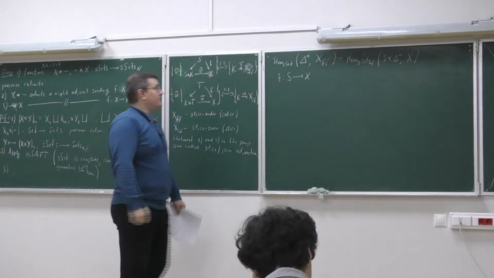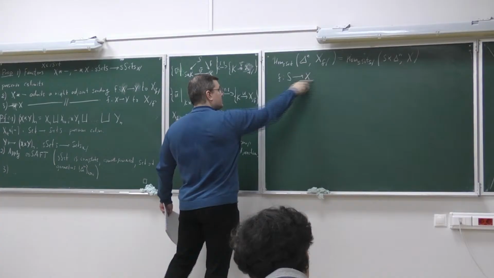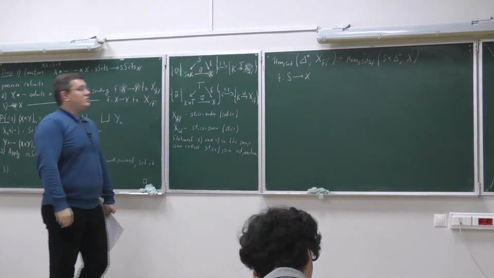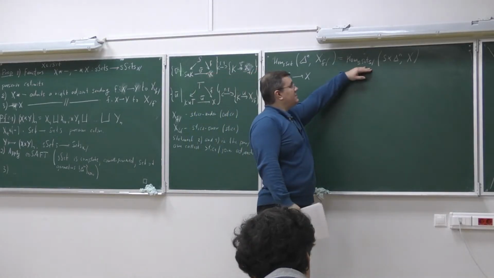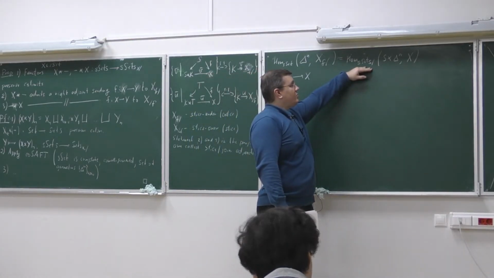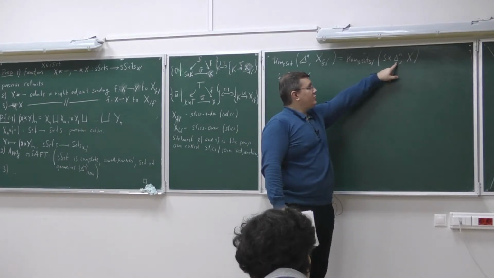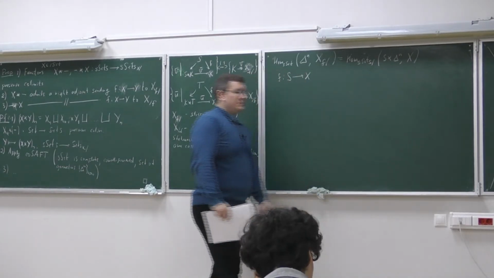If you have a simplicial set X, you fix this map, and then you construct a new simplicial set whose n-simplices are exactly this set, and there are also simplicial operators induced by the simplicial operators acting on this delta n.